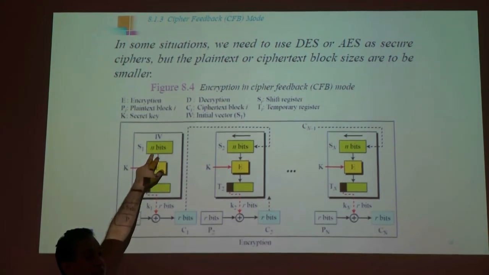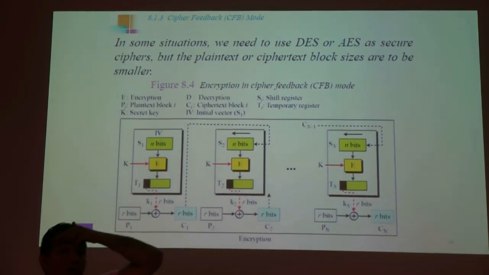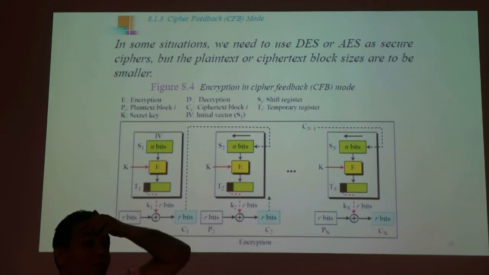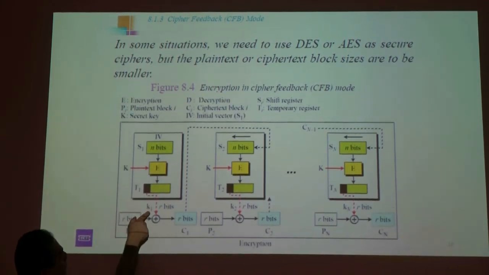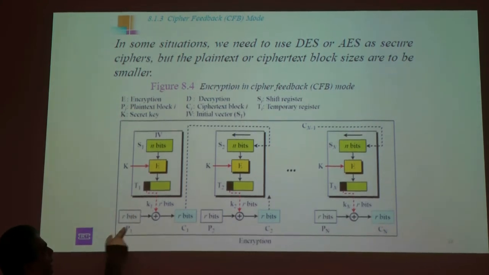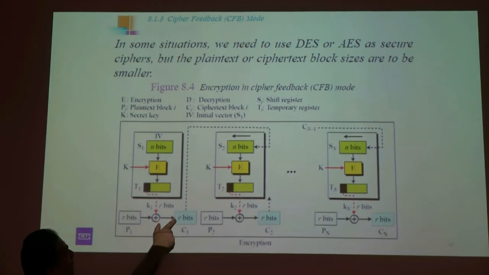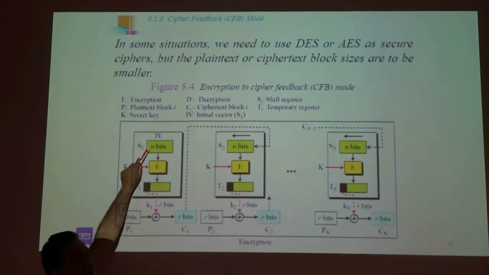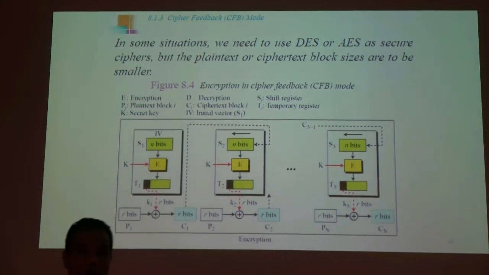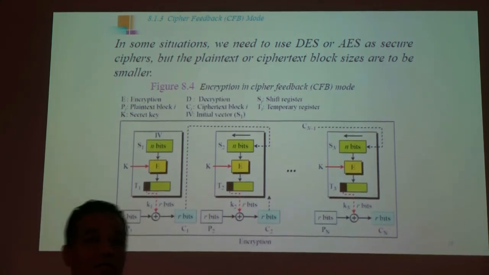It could be 128 bits. But what I'm trying to encrypt is, for example, a byte, which is 8 bits. So I take the first 8 bits as a key and XOR it with the byte, which gives me a byte, right? Now for the next stage, what do I have to do with the IV? If I keep it the same, then it will be the same key, right? I did not do anything.